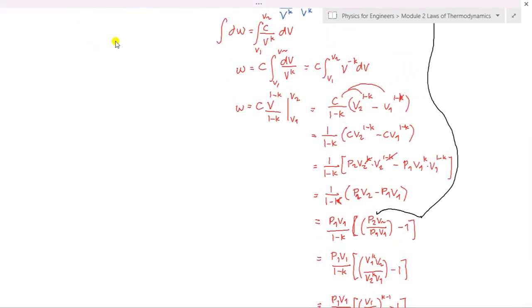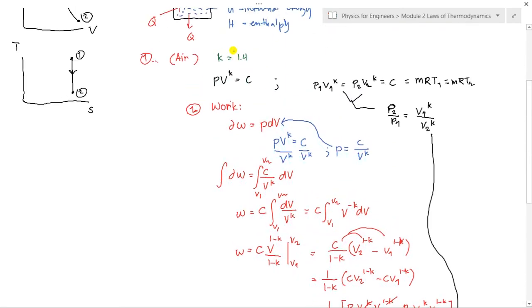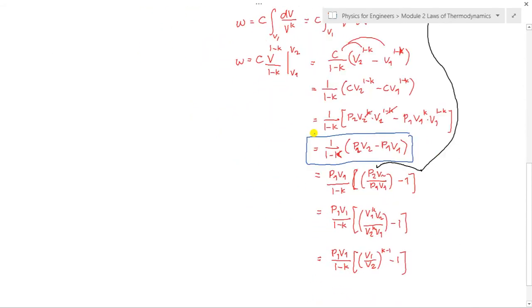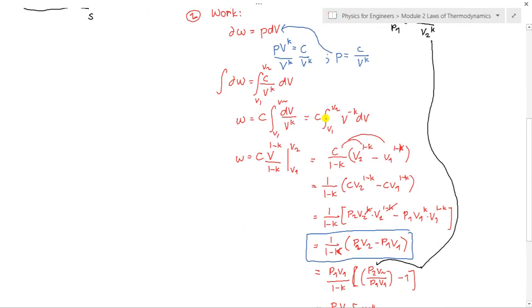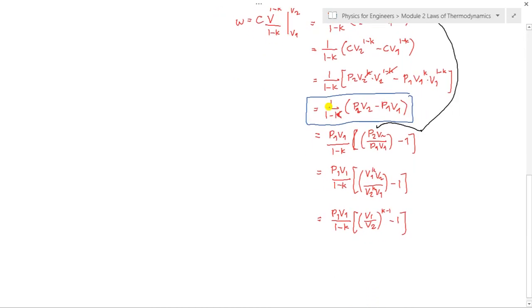Actually, you can just simply use this. If given the pressure and volumes, then you can also use the relationship PV raised to K is equal to C. You have P1 V1 for that. Okay, so that is for work. Again, this is non-flow.